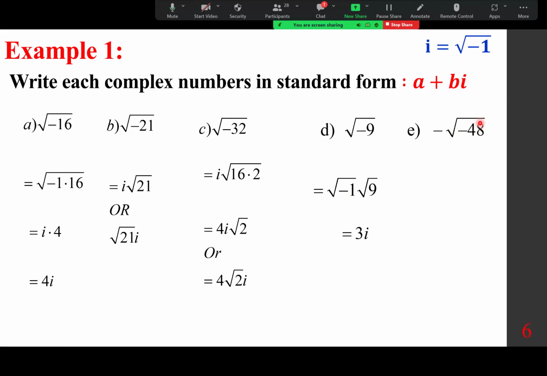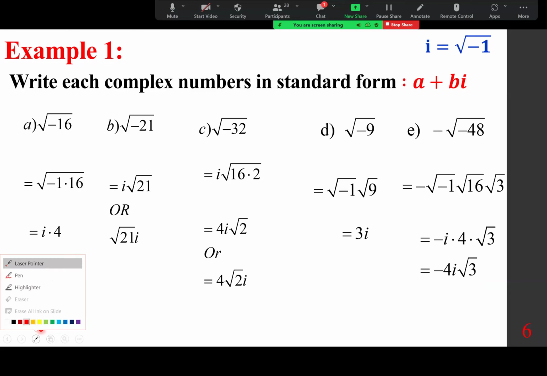For the 8, it's the product of 16 and 3. So this is negative, this is i, and this is 4. So you can write it in this format, minus 4i square root of 3, or you can write minus 4 square root of 3 i. Make sure the i is outside.